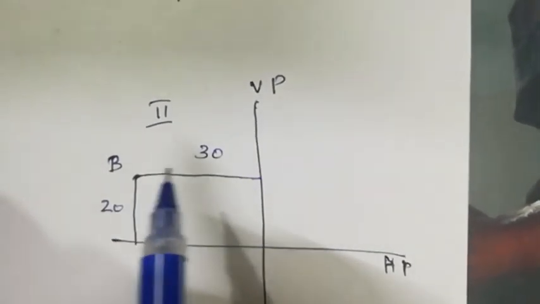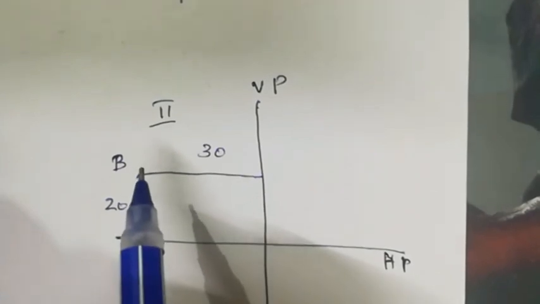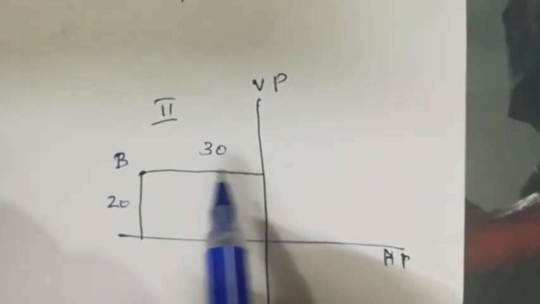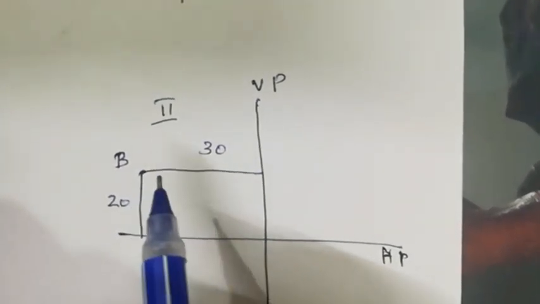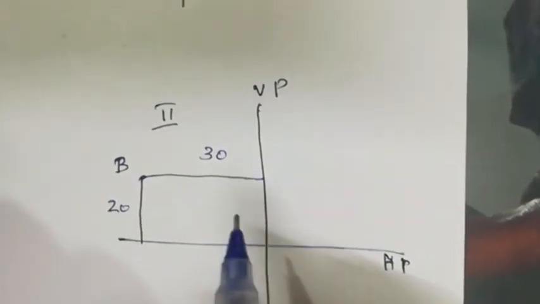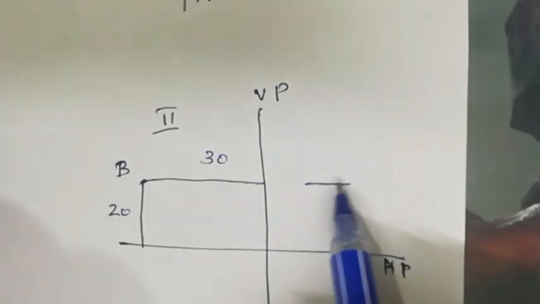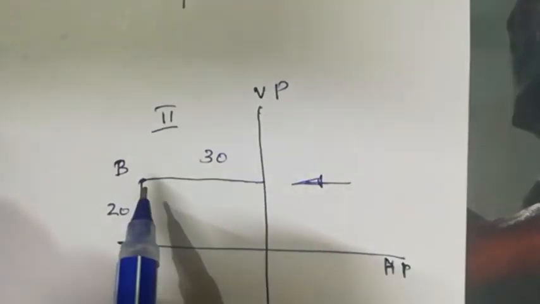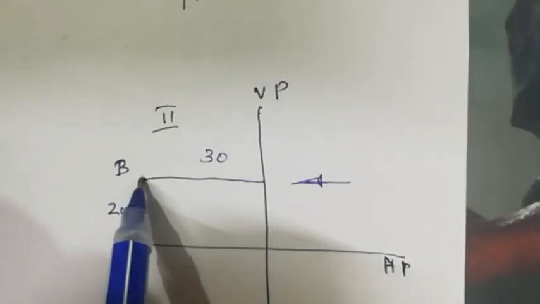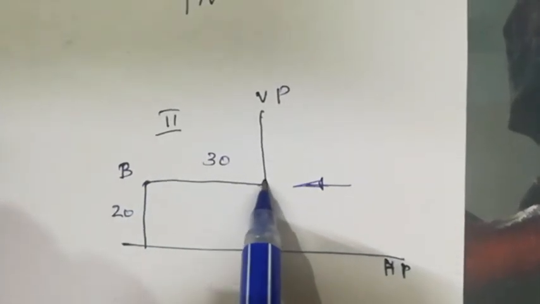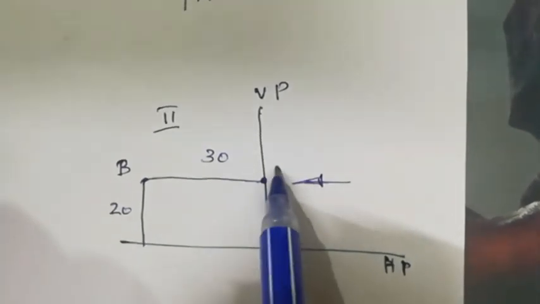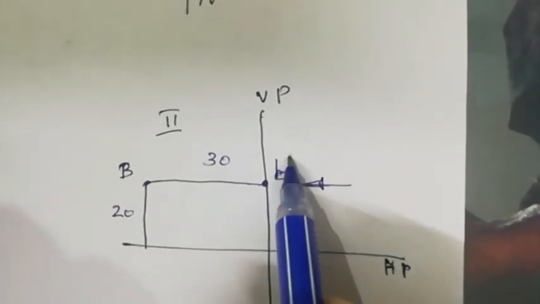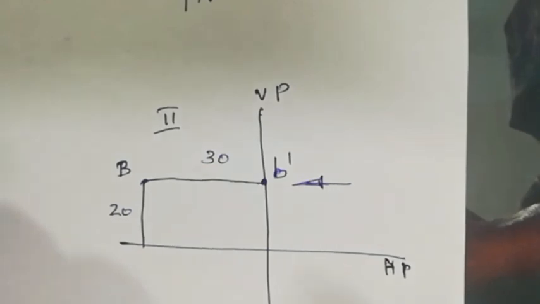Point capital B is 20 mm above HP and 30 mm behind VP. So the person is again looking from this direction. The front view will be captured here. What has it to be named? It has to be named B dash.